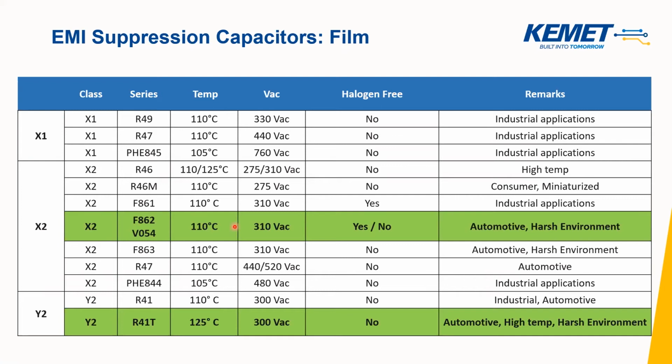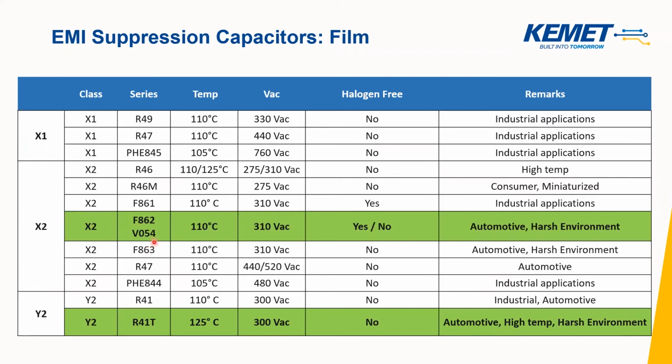For example, our latest R41T Y capacitor has an operating temperature range up to 125 degrees Celsius. And the same applies to the new version of the R46X capacitor that would be coming up, where we also have temperature capability up to 125 degrees Celsius. And when I say harsh environment, I typically mean F862 and F863 capacitors.